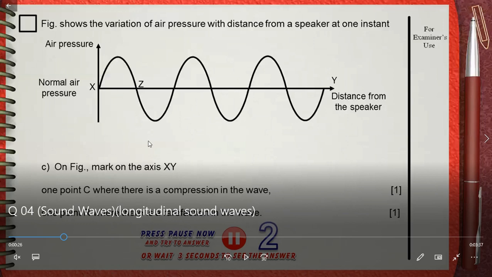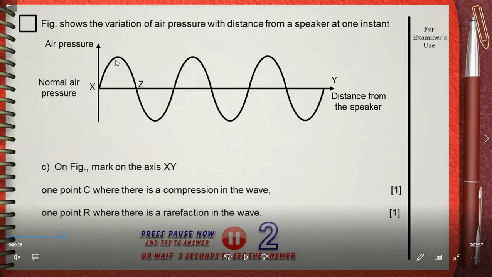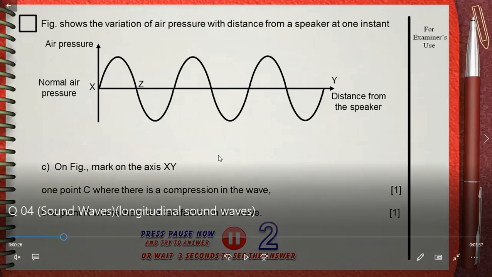Actually, the particles are moving left to right, but sometimes the particles are far apart, so their air pressure is very low, and sometimes the particles are very close together, so their air pressure is a bit larger. So this graph is in terms of air pressure, not distance versus time.